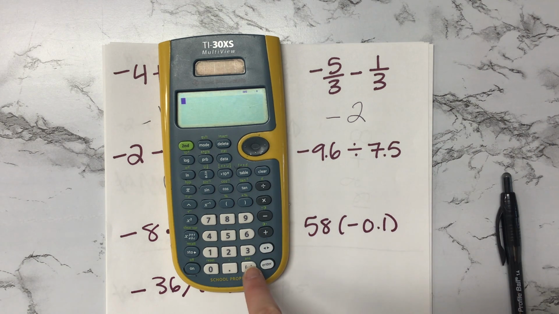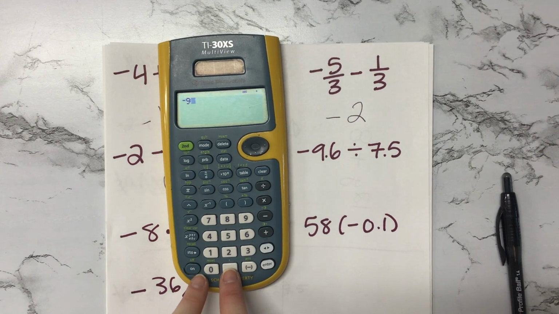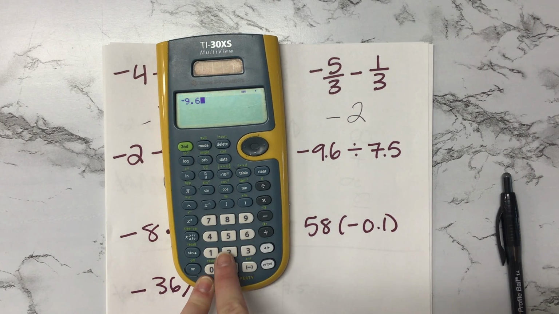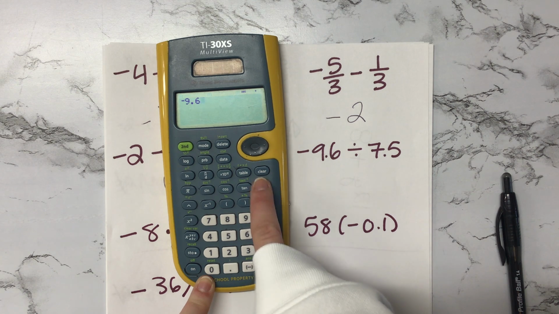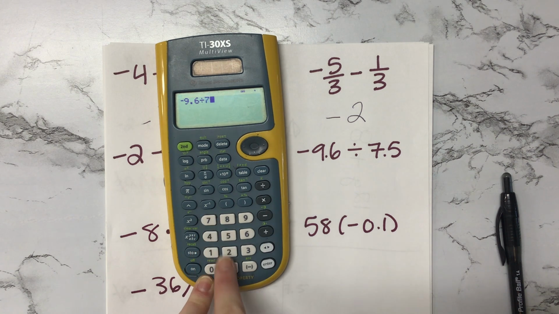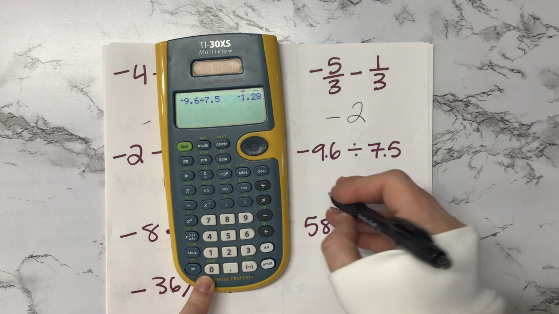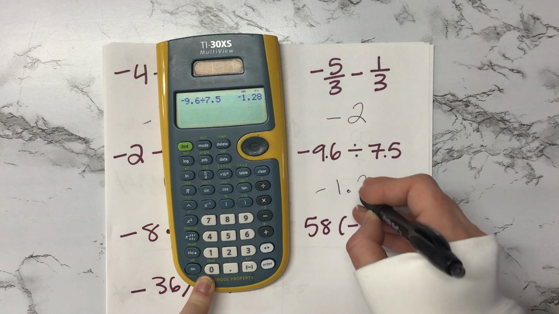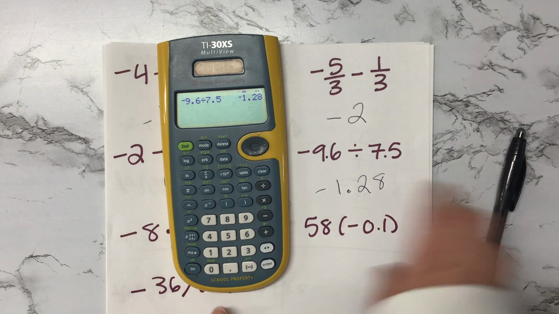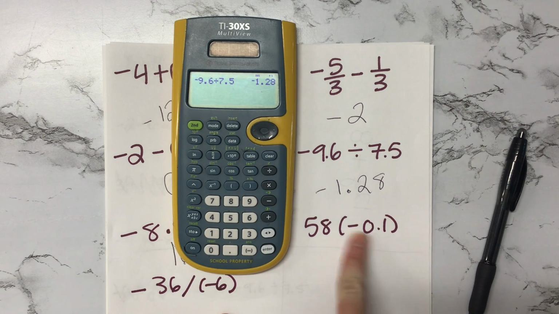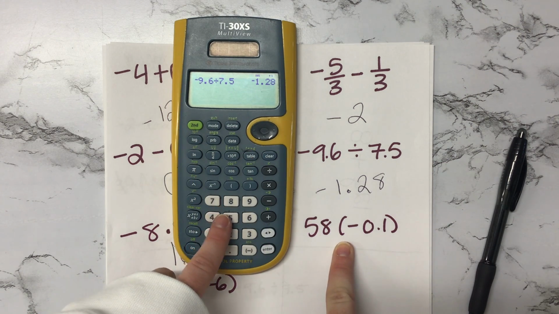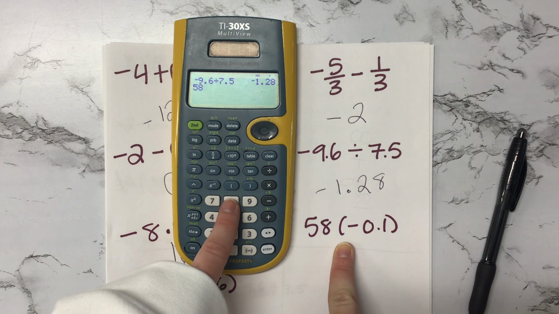Decimals, we have -9, here's your decimal, 0.6 divided by 7.5. It's -1.28. And then multiplying, we're going to do 58.